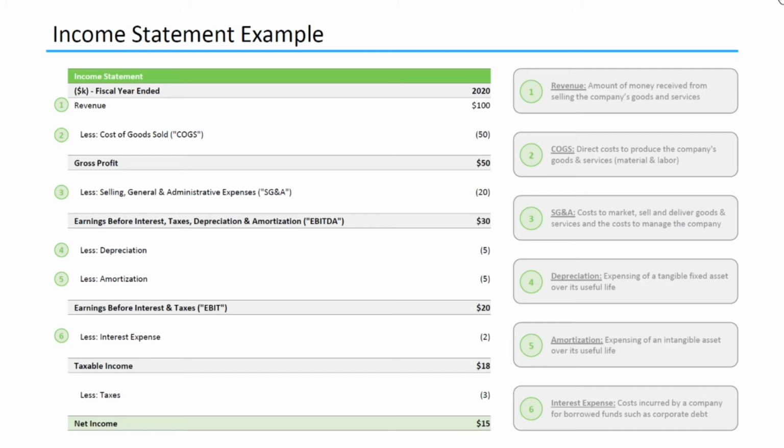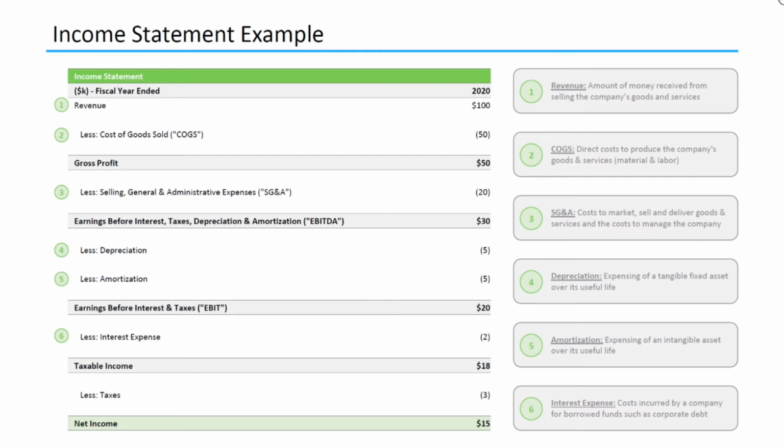Instead, we estimate what the useful life of the equipment or machinery would be, and then we expense a portion of the cost each year over the useful life. Next, we have amortization, which is very similar to depreciation, but it's for intangible assets, such as patents or trademarks. Now, both depreciation and amortization are non-cash expenses.